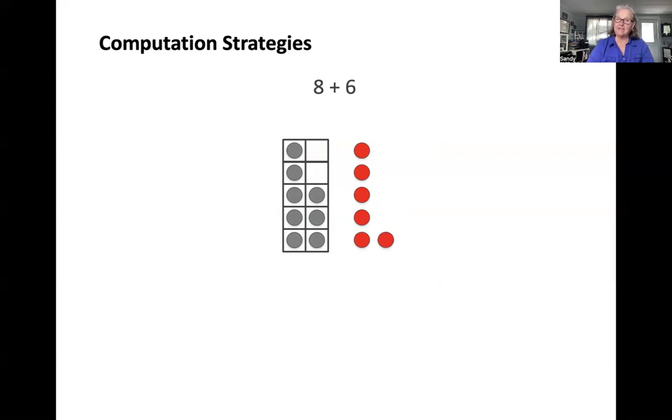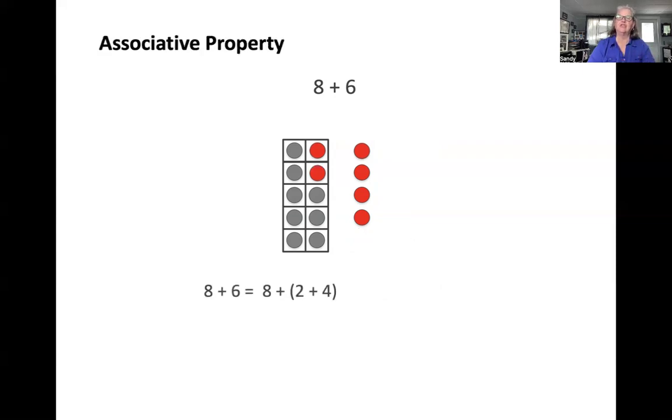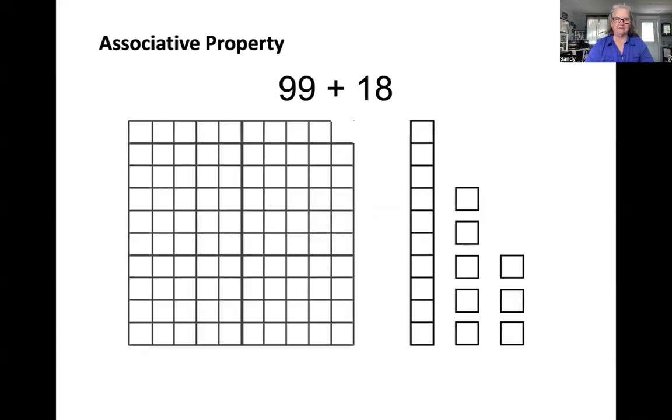Now, what is happening here is instead of associating those 2 with the 4 to get 6, I'm going to associate the 2 with the 8 to get 10. You see, this is the associative property. So if children know 8 plus 6 is 14, no hesitancy, fantastic. But this is the image that gets me the algebraic properties.